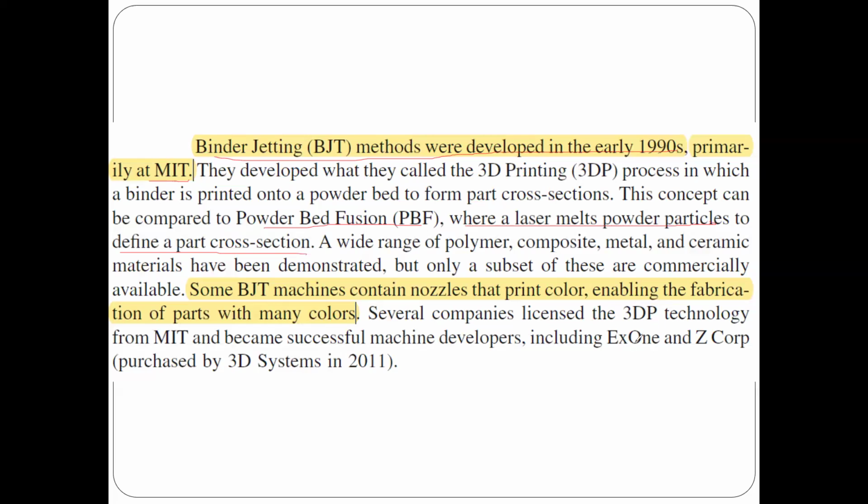Several companies licensed the 3DP process technology from MIT and became successful machine developers, including ExOne Corporation, for example, that was later purchased by 3D Systems in 2011. So that's a brief introduction about how the technology evolved and what the different players are, which are generally working in this technology or making machines out of it.